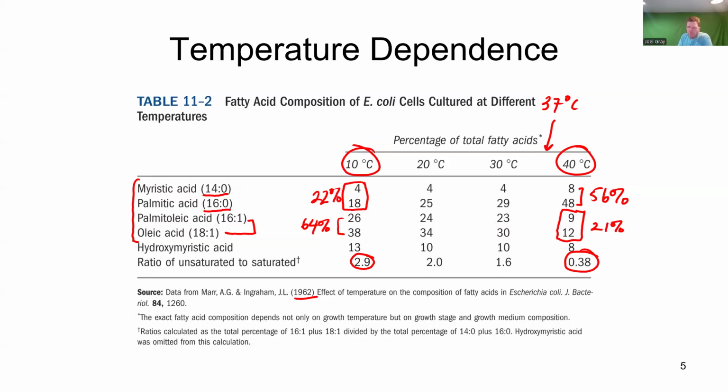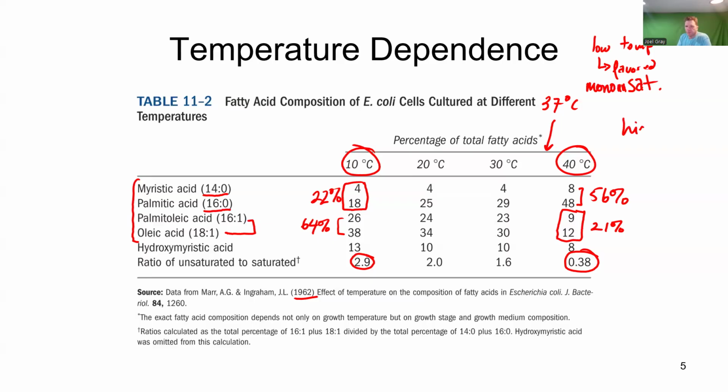Okay, now let's think about this again. The monounsaturated got cut, basically divided by three. So a third. At low temperatures, they favored monounsaturated.